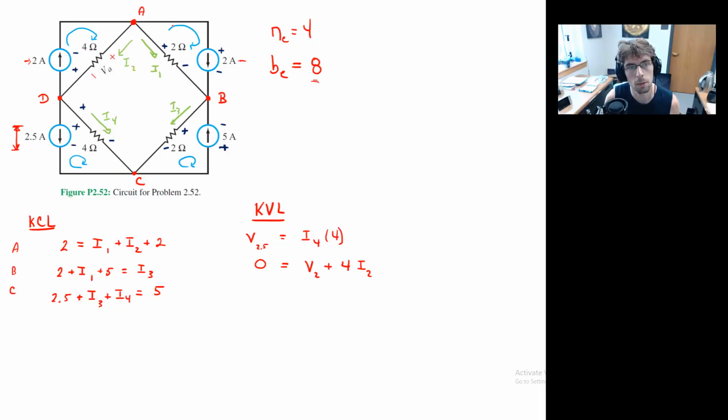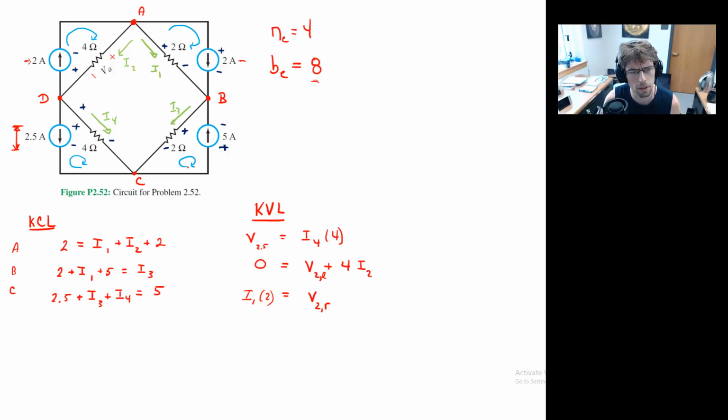Third one, I'll do upper right, and I have a drop of 2 amps. I'll call it the right one, and this one is the left one. Okay. And then I have a jump, so I have a drop of the 2 amp source, and I have a jump over the 2 ohm source. So that would be 2 I1. Excuse me, I1 times 2.